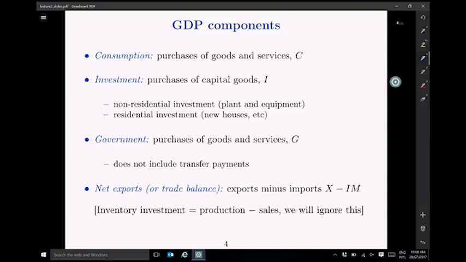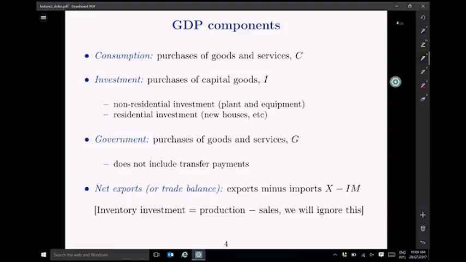Investment here in GDP has nothing to do with financial investment. Rather, it refers to the purchases of capital goods. It includes, of course, non-residential investment like plants, equipment, computers, chairs, desks, all this stuff. It also includes residential investment, only the purchase or the building of new houses. That's the investment, second component.